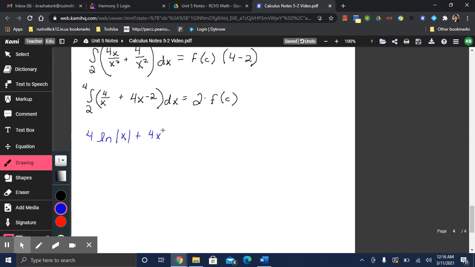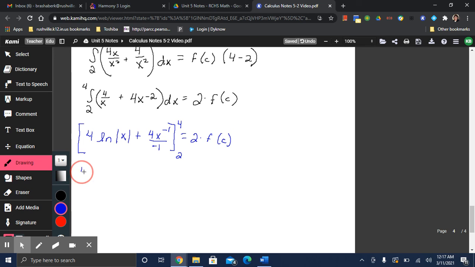I add 1 to the exponent, giving me negative 1 over negative 1, and then equals 2 times f of c. So notice how I'm maintaining that equation all the way through. I do want to remember that I need to evaluate this from 2 to 4.